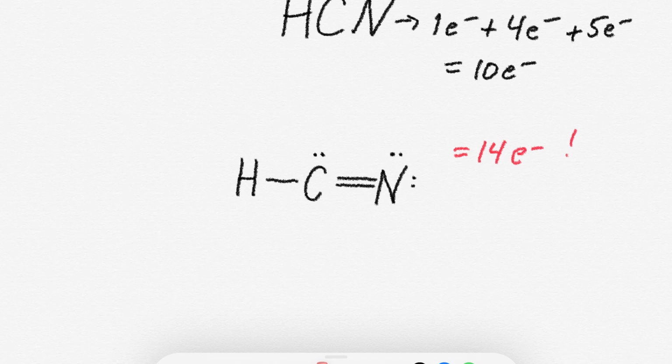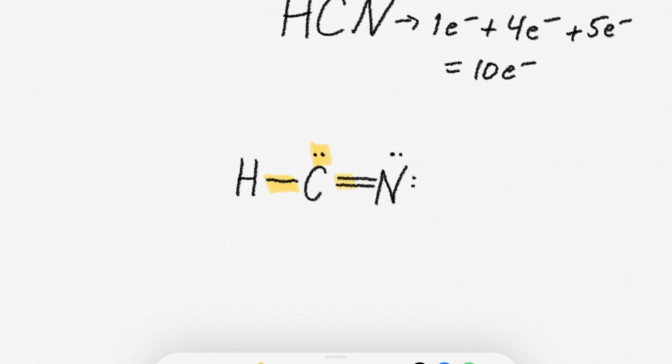Why do we do that? It's to ensure that we have maintained 8 electrons per atom. So let's go through and count again now that we have changed our structure.